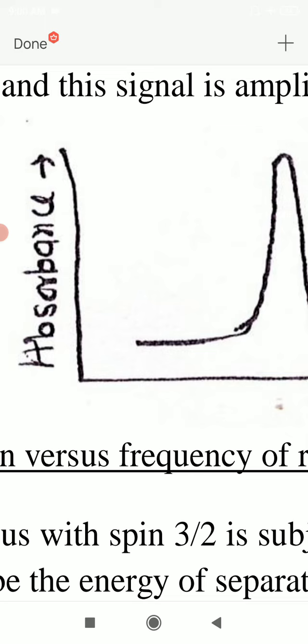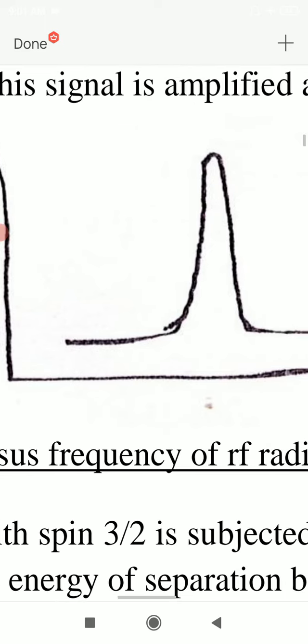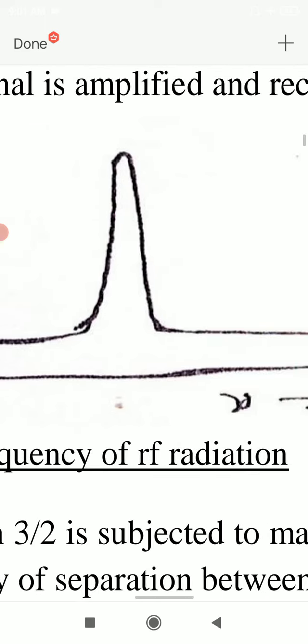So absorbance is equal to log of the ratio of incident energy to transmitted energy, and it is a measure of energy absorbed by the nucleus. So we find this type of signal. When energy is absorbed, we find such a peak.